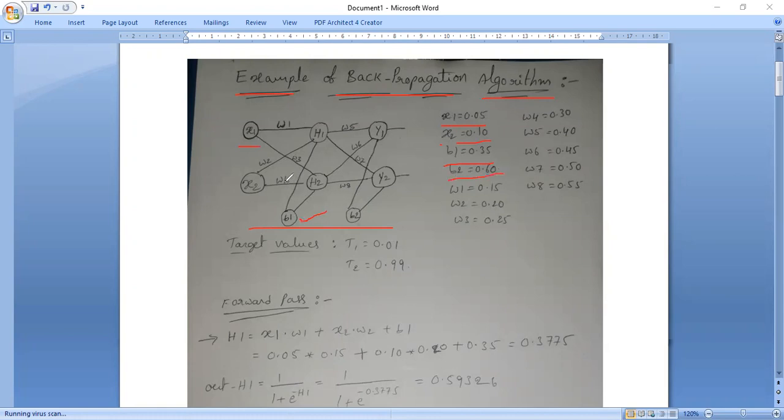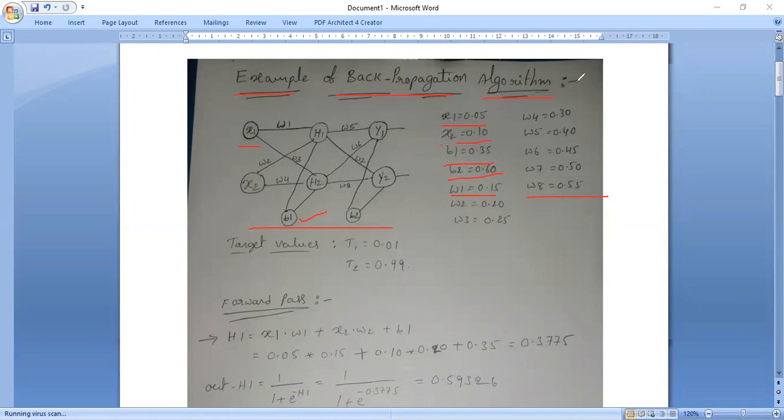Each and every node has its corresponding weights, which are represented by the values w1 to w8. These are all of the input values: x1, x2, b1 and b2 with the corresponding weights.